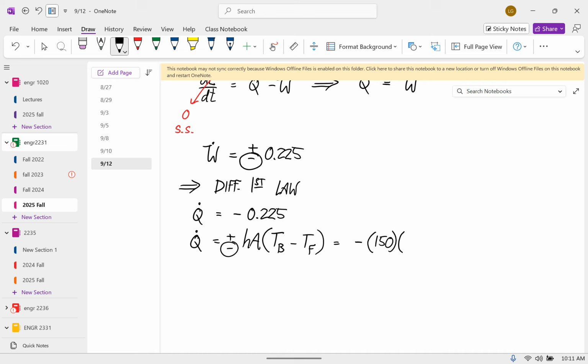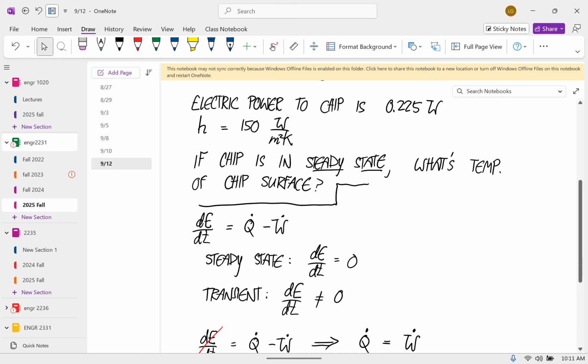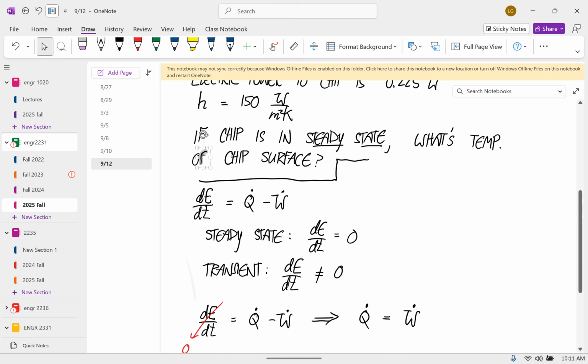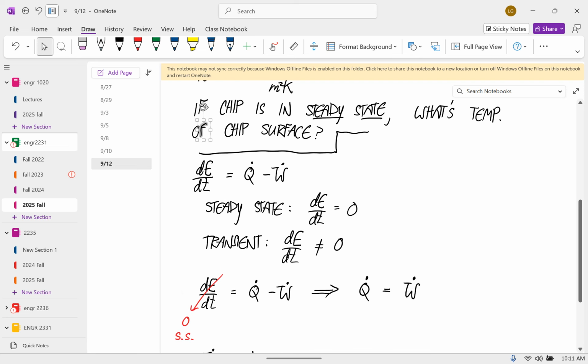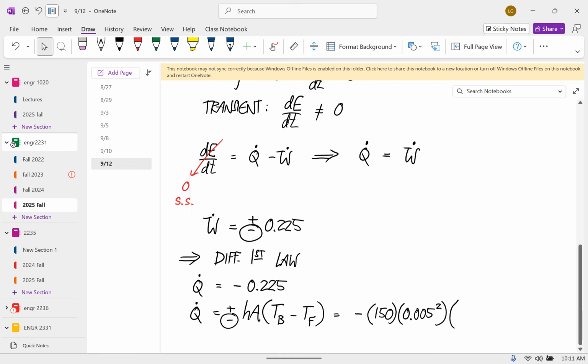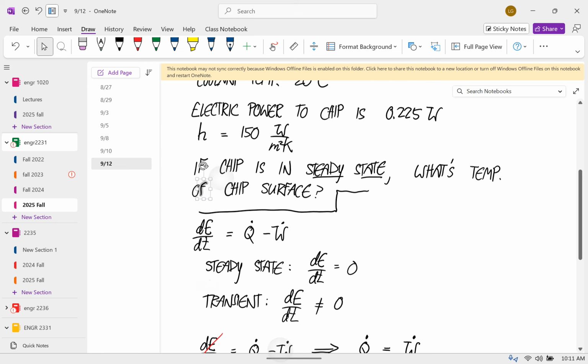So that is 0.005 squared. And then the temperature, we're trying to calculate the temperature of the body, the chip. And we're given that the temperature of the surroundings is 20.